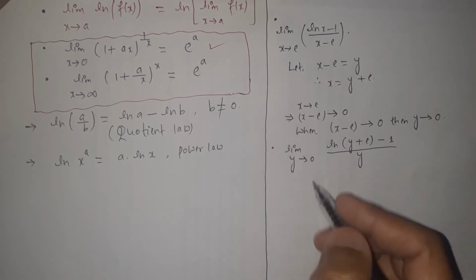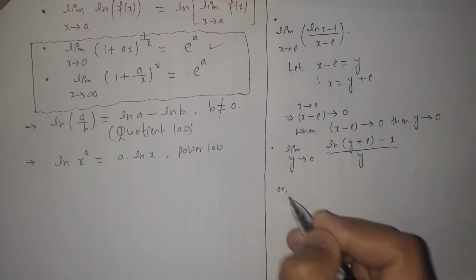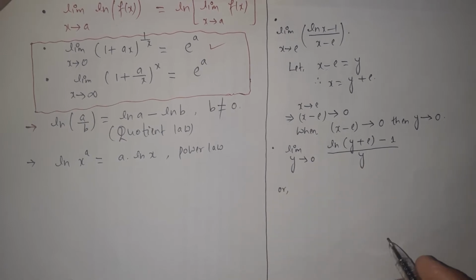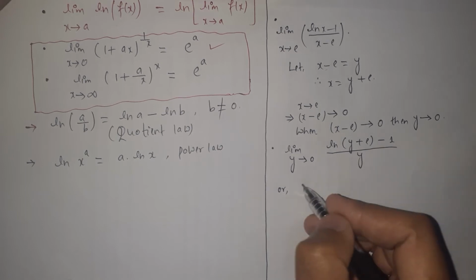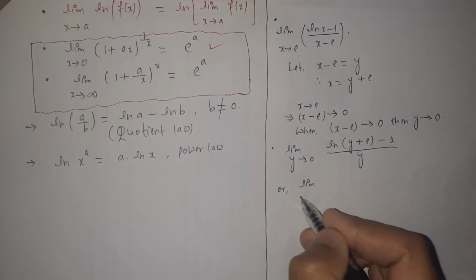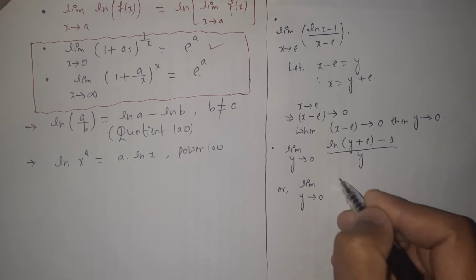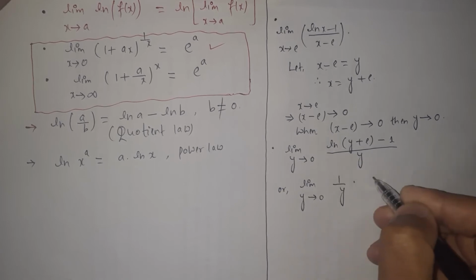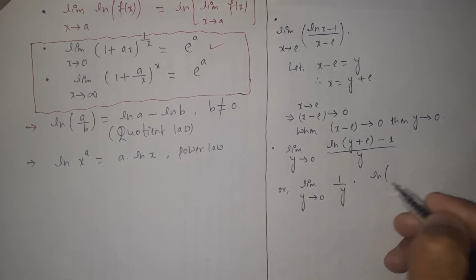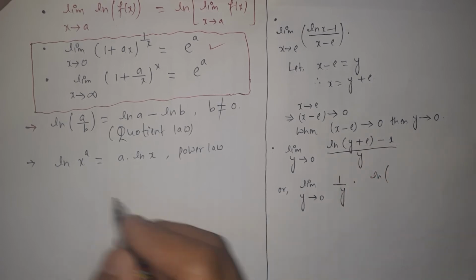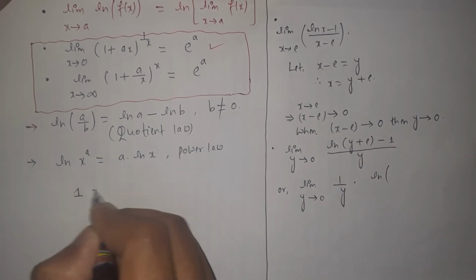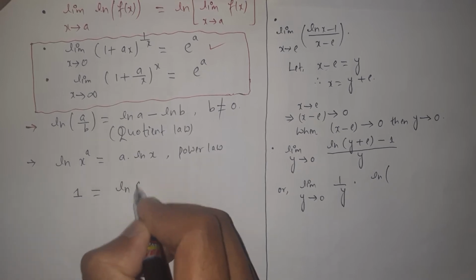This can be written as the limit as y approaches 0 of 1 over y times ln of, in the numerator, the number 1 can be written as ln of e.